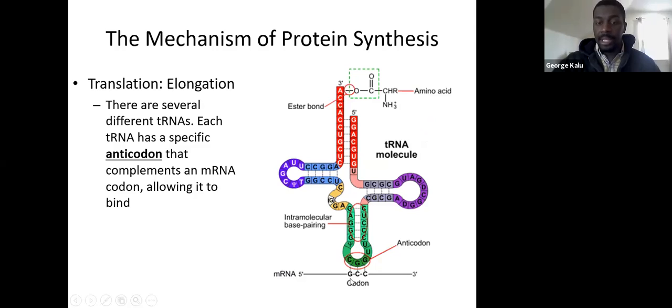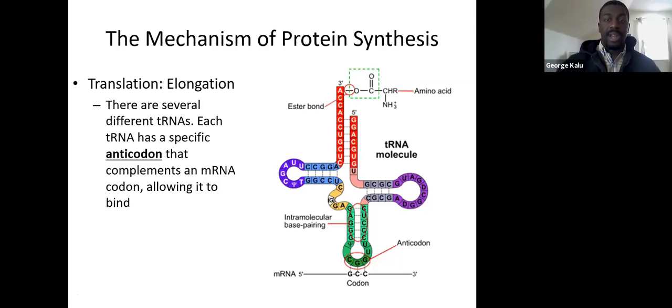For example, here the codon is GCC in mRNA, so the corresponding anticodon in tRNA would be CGG, complementary to these 3 bases here. So each tRNA is going to have its own anticodon, and that is what attaches to the codon and brings the correct amino acid into the polypeptide here.